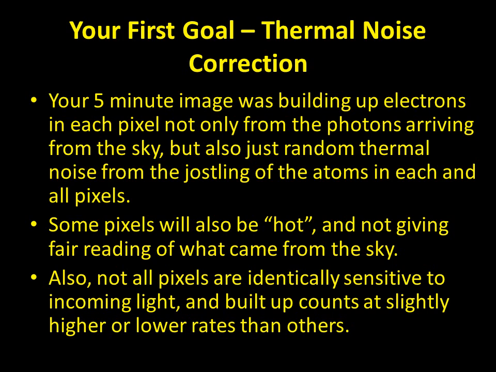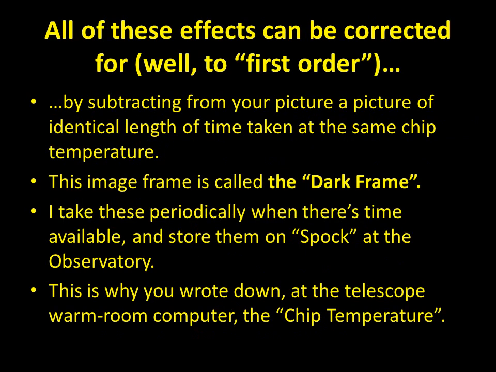That is not a dim little tiny star. That is a hot pixel, something you want to get rid of. Also, not all the pixels are identically sensitive to incoming light, so they don't build up counts at the same rate from one to the other. We can correct for these, and that's the goal of the dark frame.